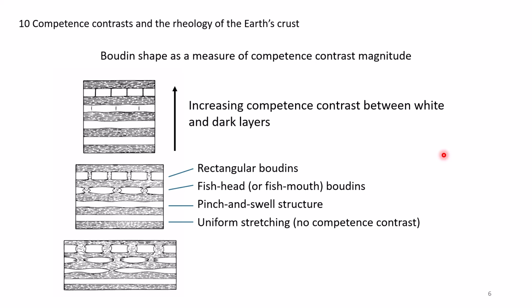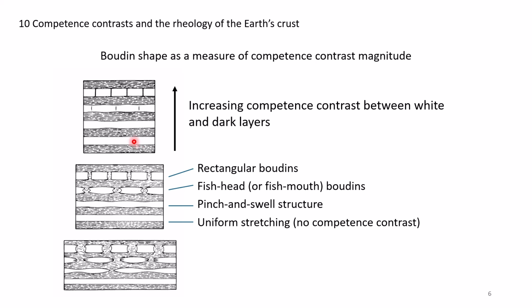Why does lateral stretching form boudinage in some situations and in other situations pinch and swell structures? The reason for that lies in the magnitude of the competence contrast between the more and the less competent layers, and we see that illustrated here on this slide. Let's assume here the grayish rock is a soft rock, is a rock of low competence, and it is interlayered with different kinds of layers that show different amounts of competence contrast.